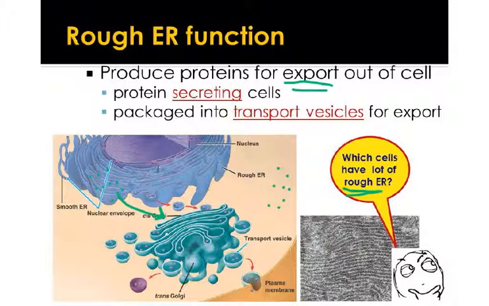And so if your cell is making lots of protein, that's going to eventually leave the pancreas cells and go out into your bloodstream to in turn regulate your blood sugar. In order to make all of that insulin, it needs lots of ribosomes and rough ER to do that.